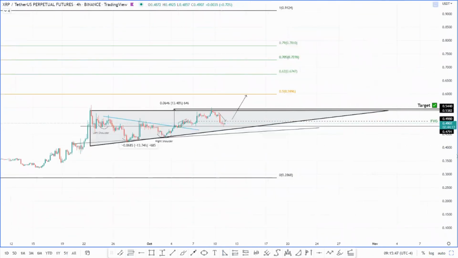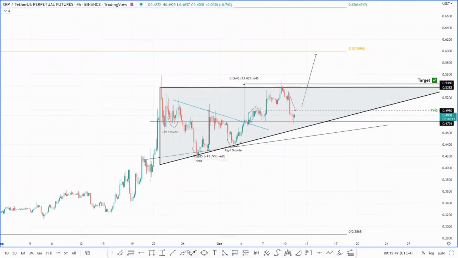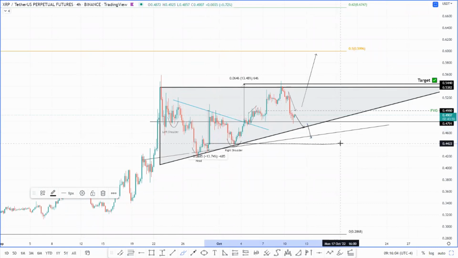I'm not saying you should expect XRP price to drop more and retest this ascending trend line, but there is a pretty good chance that it does. And even if the price does go below this, we can expect the price to stay around 0.44 and not go lower than that. Either way, XRP price has been showing quite a bit of strength over the last couple of weeks, and is a coin that you should be paying close attention to.